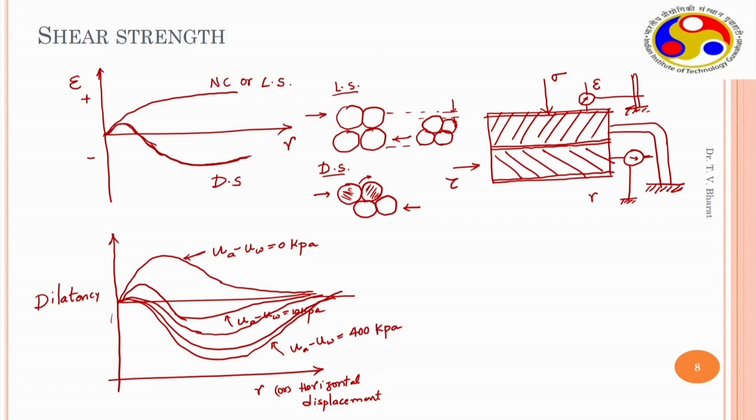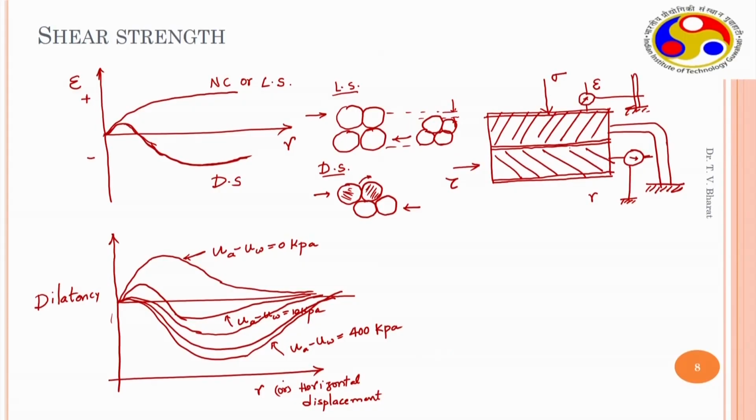As I mentioned in the previous slide, as the suction increases, the soil exhibits strain softening behavior, because the volume of the sample increases as the shear strain increases. As the horizontal displacement increases, the vertical displacement observed is dilatancy. A dilation is observed in the soils.